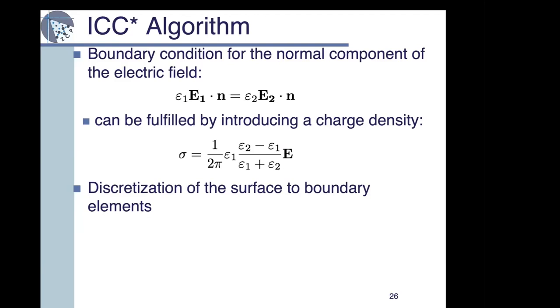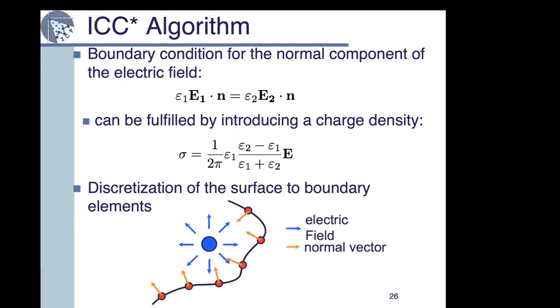What you do is you would like to fulfill boundary conditions for the normal components of the electric field, because you know from electrostatics that in the perpendicular direction you should have a jump of the electric field given by this equation. This can be fulfilled by introducing a charge density of that size. And in order to implement that this boundary condition is true in the presence of a dielectric interface, you do a discretization of the surface into boundary elements.